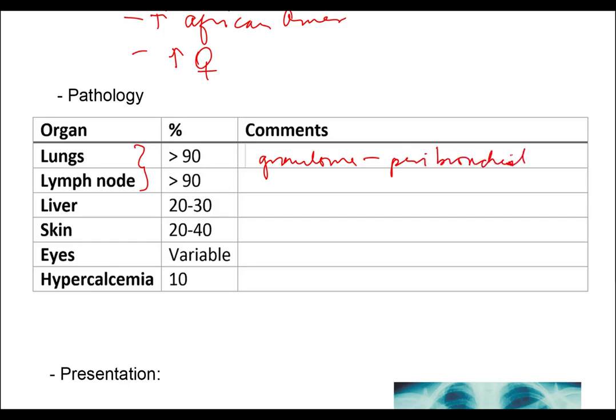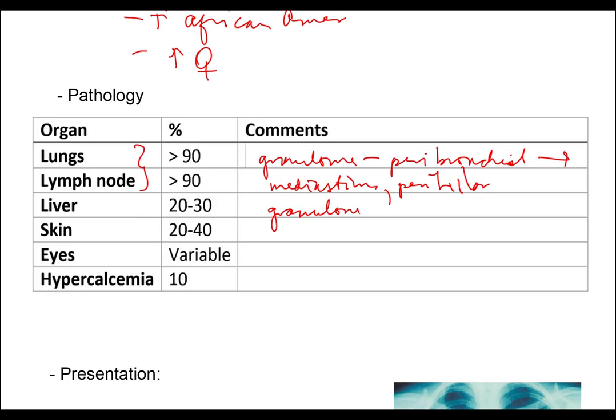And then from that peribronchial location, it goes on to alveolar fibrosis. When we talk about the lymph nodes, this is especially going to be in the mediastinum and in the perihilar region. And if you look in these nodes, they're going to have granulomas, so that becomes a really great target for our biopsy. Liver, nothing special here, just the granulomas of the disease.